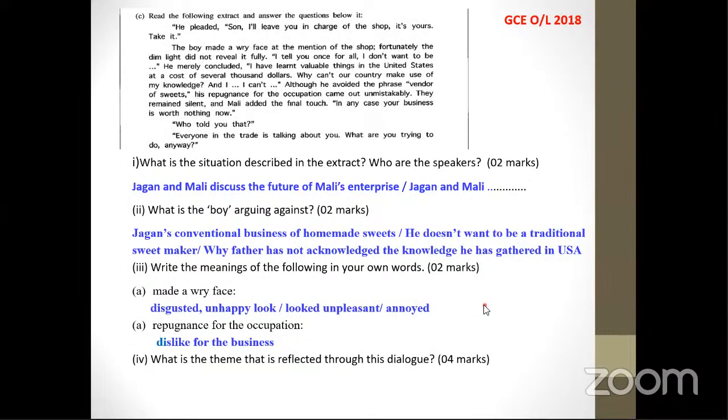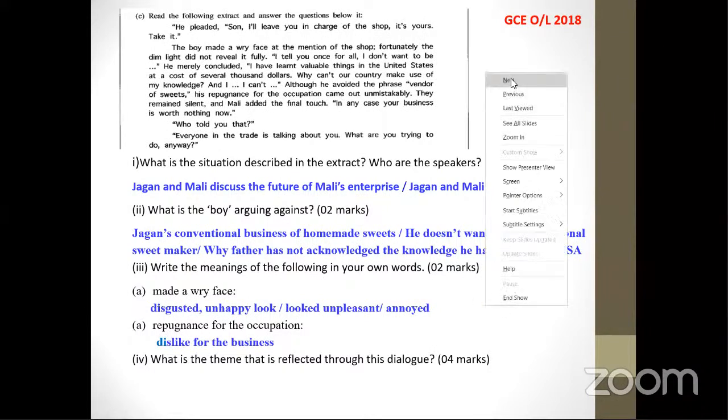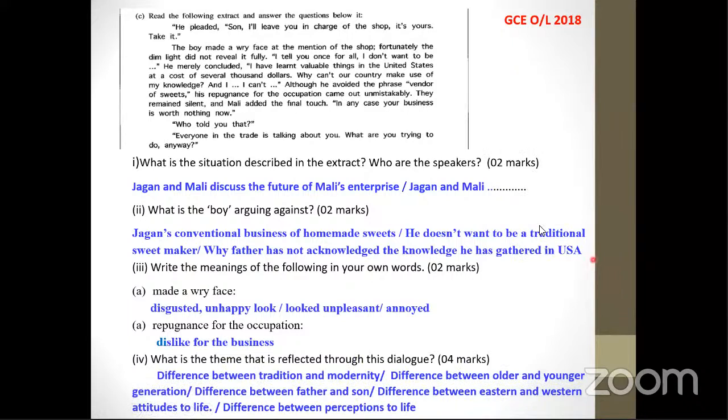Okay, different ways. Let's see how we are given marks. Yes, you all have the possibility to obtain marks: difference between tradition and modernity, difference between older and young generation, difference between father and son, difference between Eastern and Western culture. I'm so happy you are coming with the answers. And difference between perceptions of life. Yes, exactly.